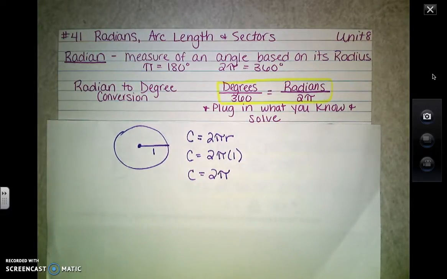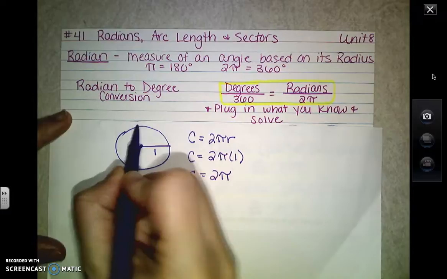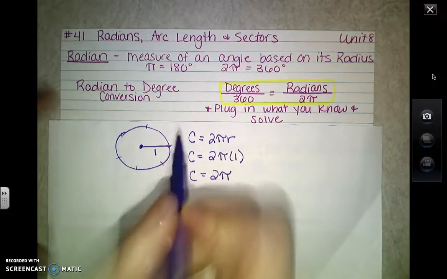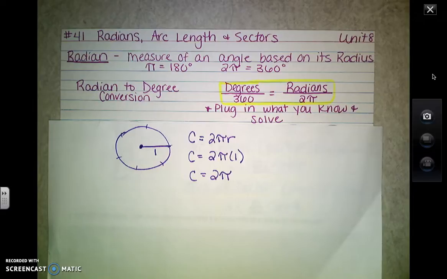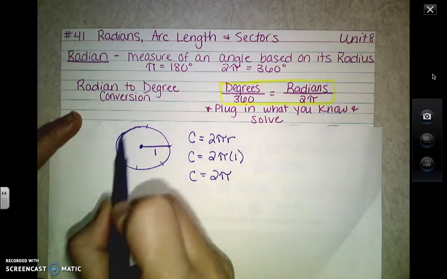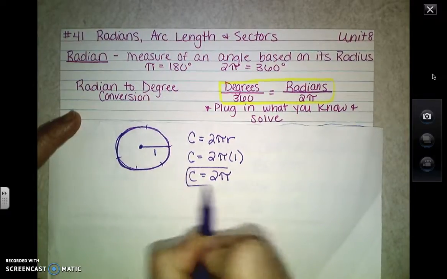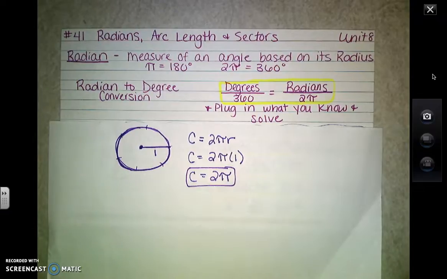Now, if you think about the circumference of a circle in terms of the arcs that create the circle, we could break it up into arcs all along the circle. As you know by now, those arcs are going to total 360 degrees. So the entire circumference of the circle is going to be 2 pi, again when we have a radius of 1.